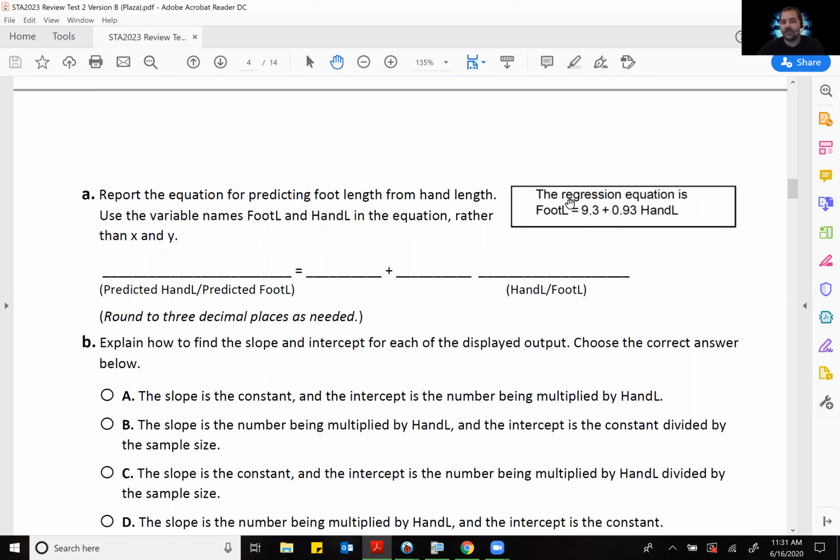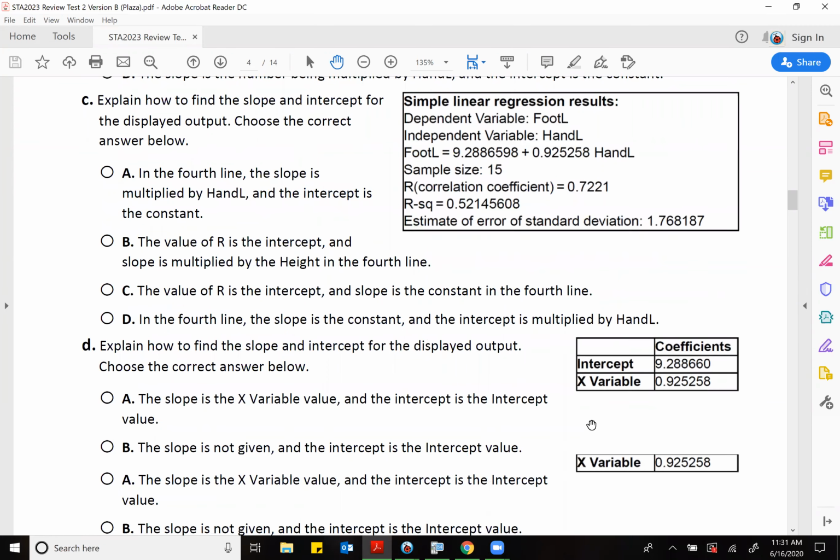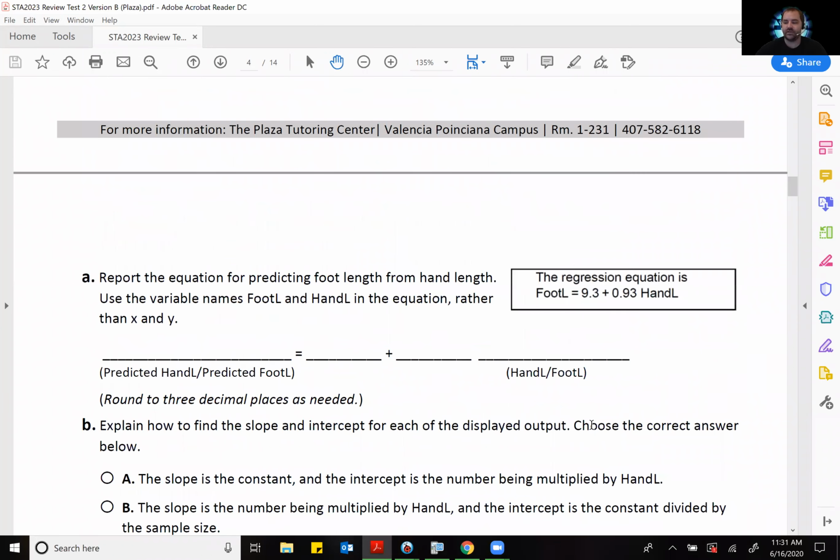See, it says foot equals. The other ones don't tell you, so use that information to your advantage. So definitely predicted foot L equals, what's this? 9.3.